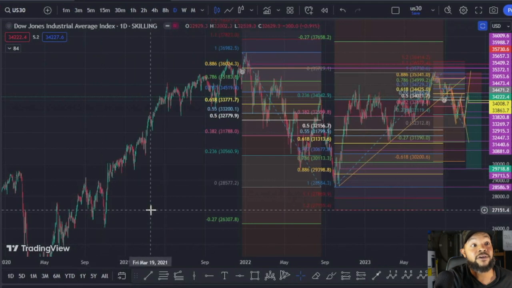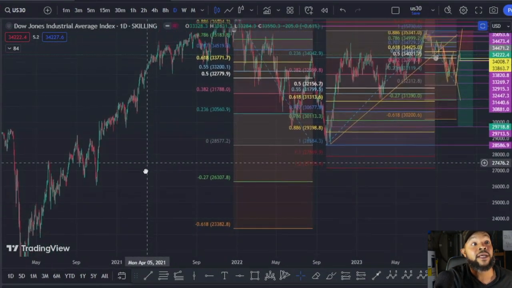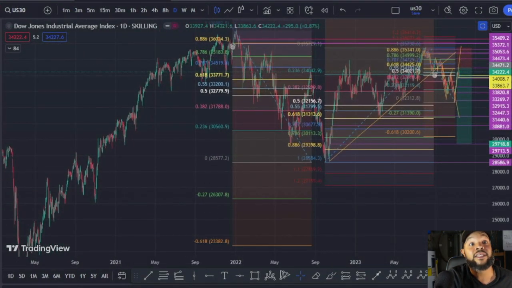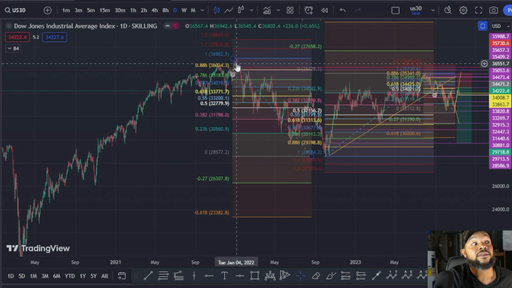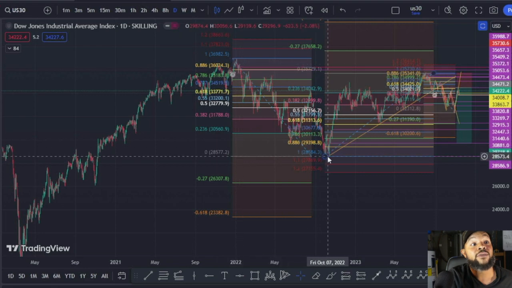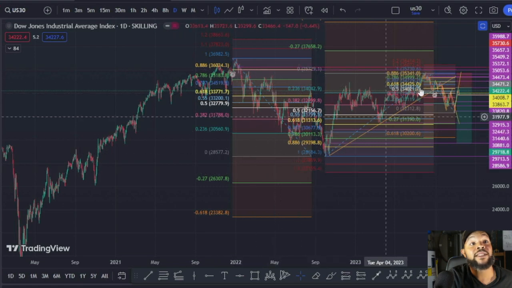So if it goes lower, it might just be validating the major fib levels from our January high of 2022 to our October 22 low. So you see, I'm expecting it to do some sort of topping test before it pulls down.